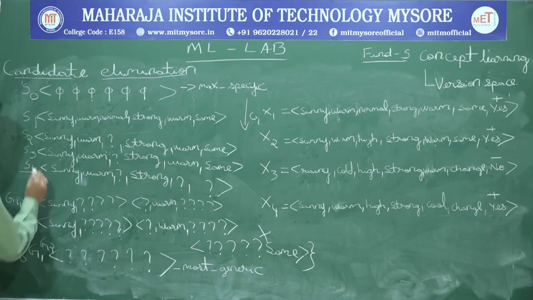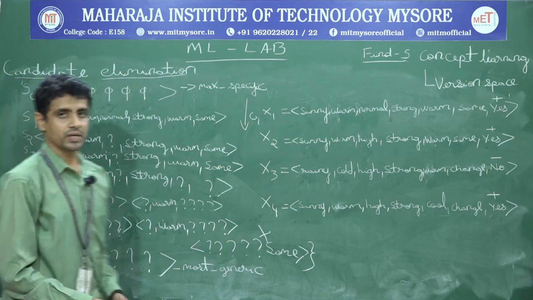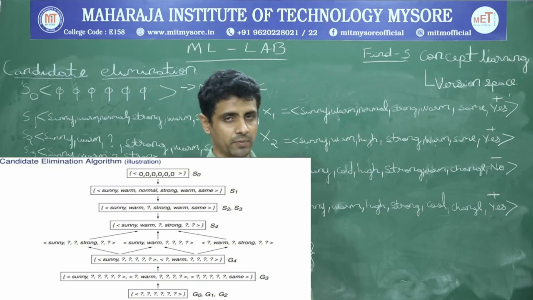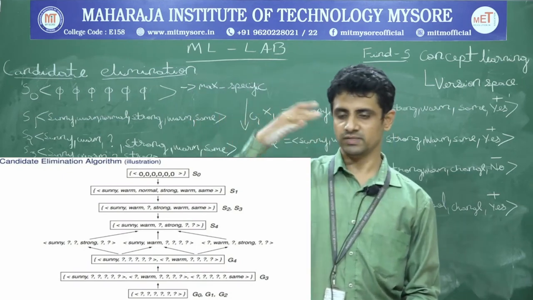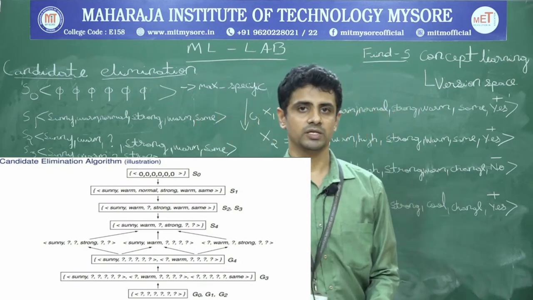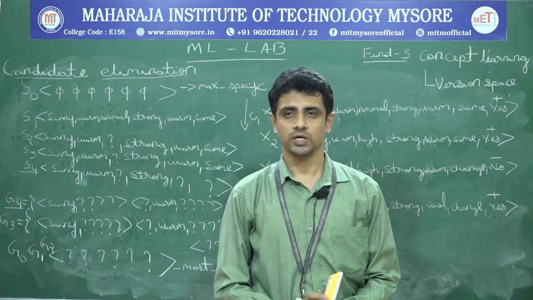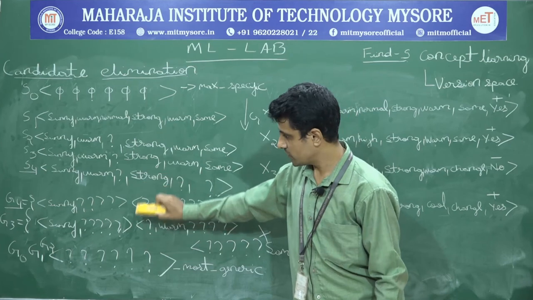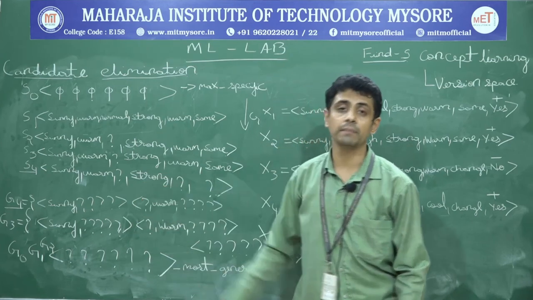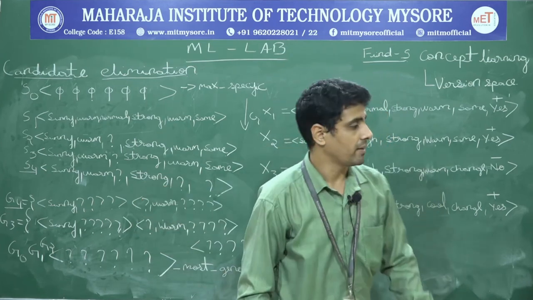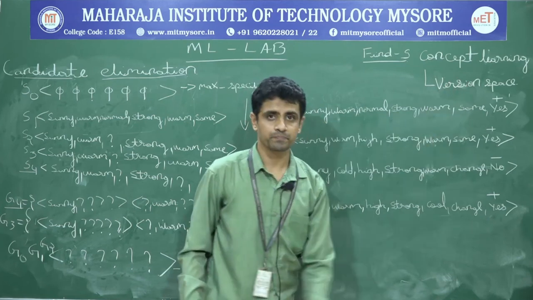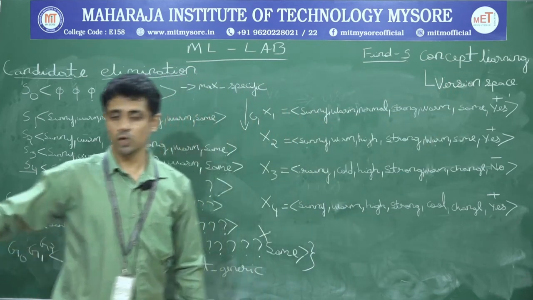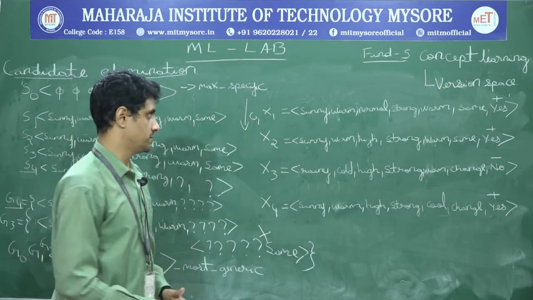So this is my S4 and this is my G4. This is my specific hypothesis, the specific boundary, and my generalized boundary. These are the specific boundary and generalized boundary which will help me generate my version space.